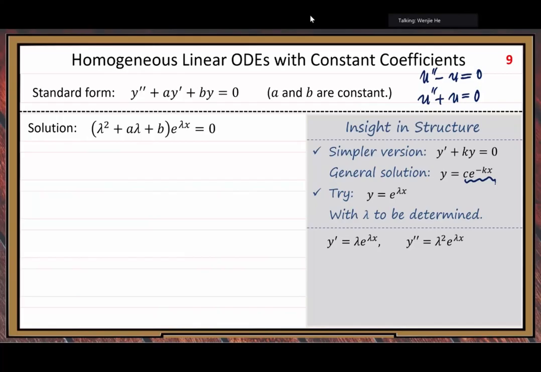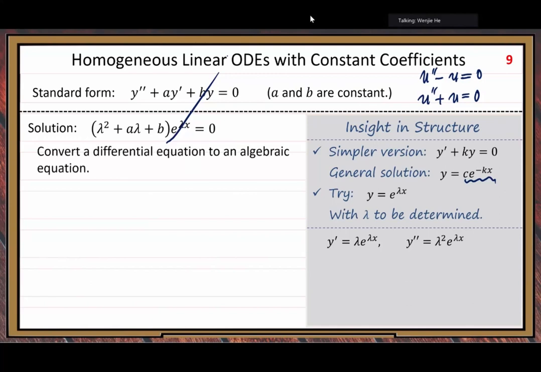It's a non-zero term, and you can cancel out a non-zero term from both sides. If it could be zero, then you could not cancel it out. But now, because the exponential function can never be zero, we can cancel it out without any problem.